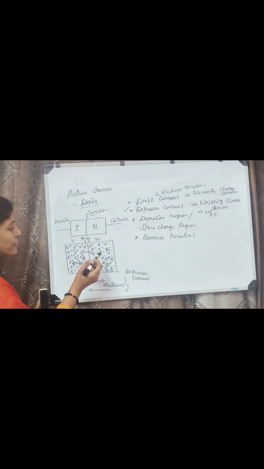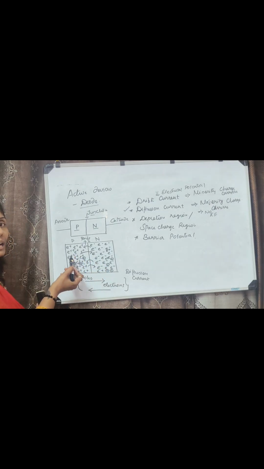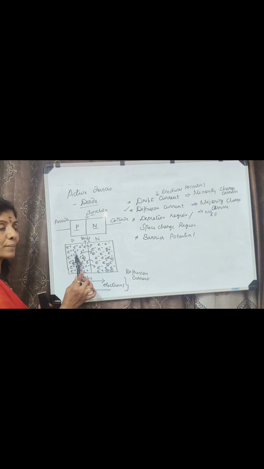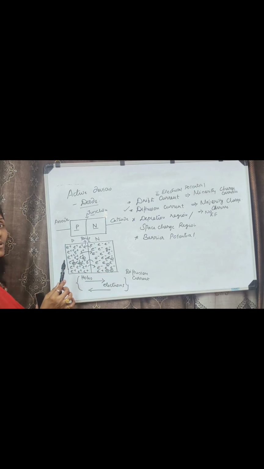So the majority charge carrier electrons move from the N region to the P region, in a way that the electrons will be distributed equally in the P region as well as the N region. The holes available in the P region want to move to the N region, where the concentration of holes is less.